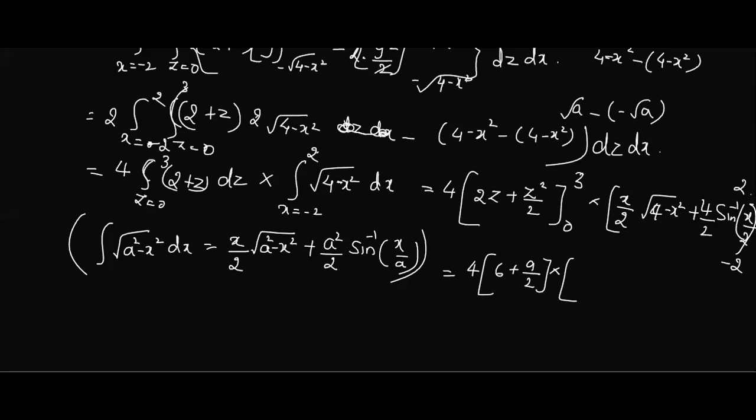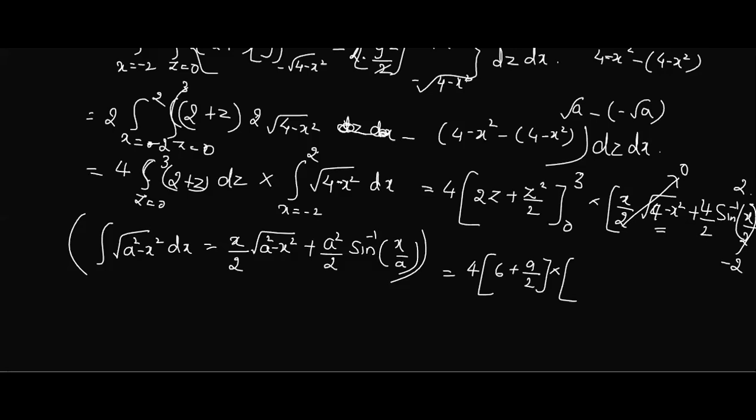Now what happens to this term if I substitute the upper and lower limits? Think about this term. If I take x as 2, 4 minus 4 is 0. If I take x as minus 2, if I square this minus 2, what will be the value? Isn't it again 4? So what happens to this term? 0, correct? For both the upper and lower limits it is 0.